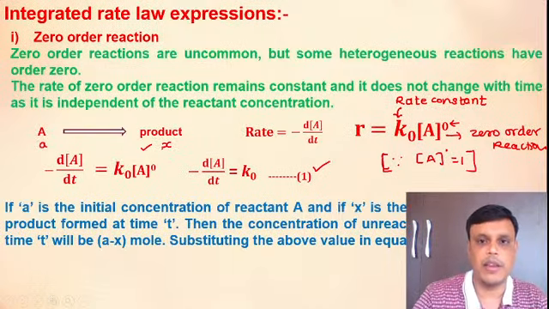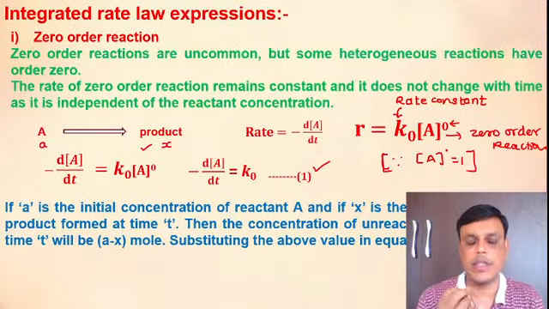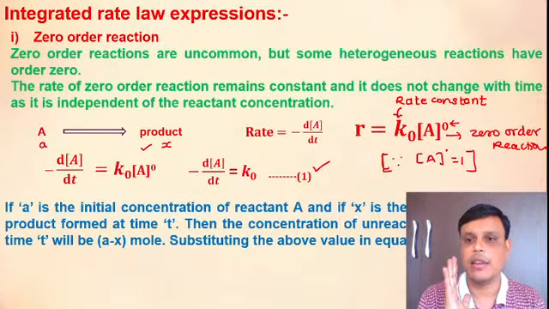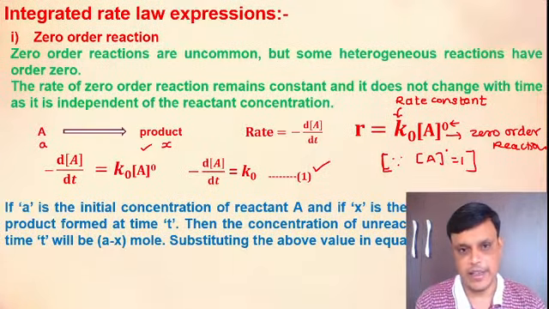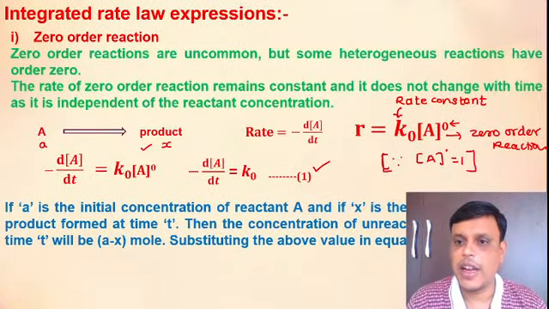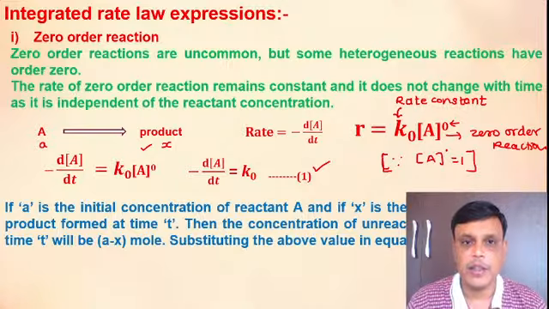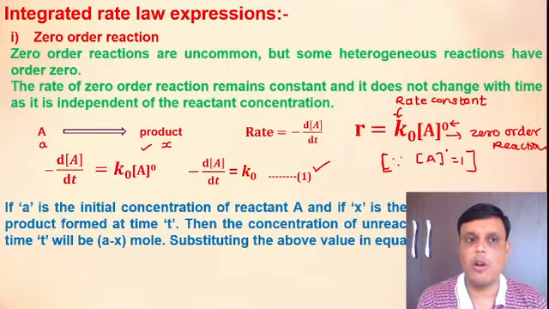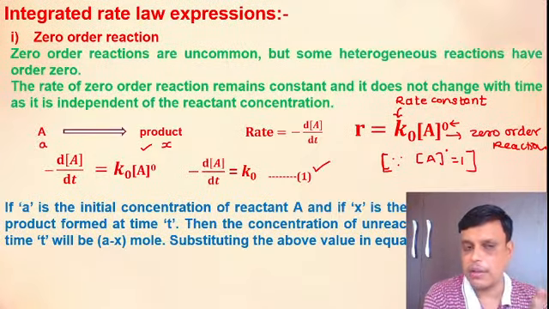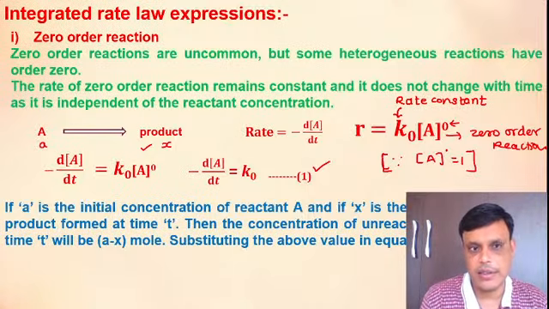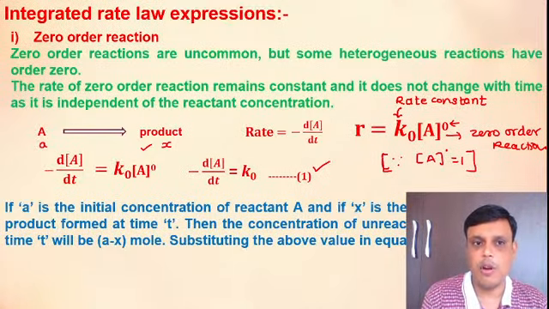After some time, for example 5 or 10 minutes, what happens? The x number of moles of product form from the A at a time t. Then how much concentration of unreacted A at that time t? So a minus x. A में से x प्रोडक्ट फॉर्म हुआ है, तो कितना बचा होगा? अनरिएक्टेड कितना होगा? a minus x, क्योंकि x तो प्रोडक्ट फॉर्म हुआ है किसमें से?